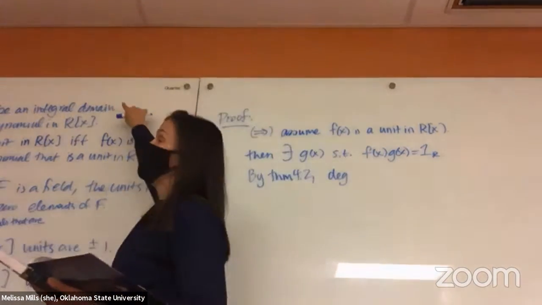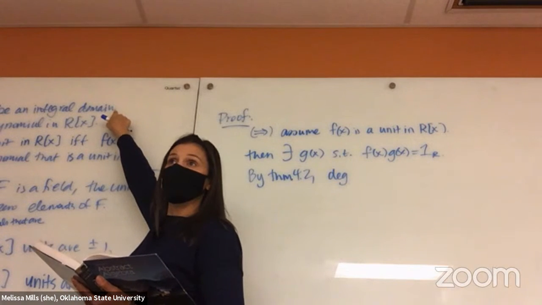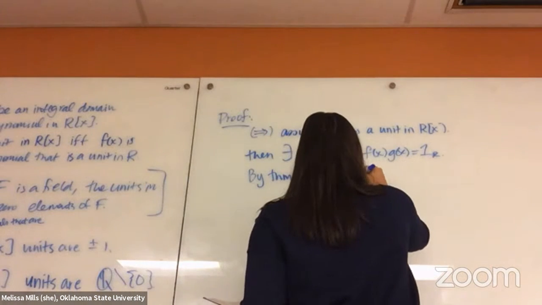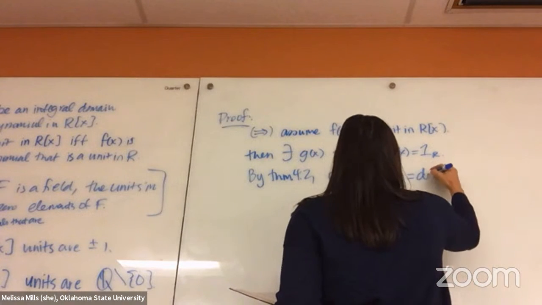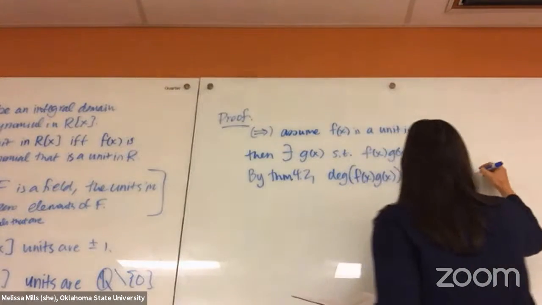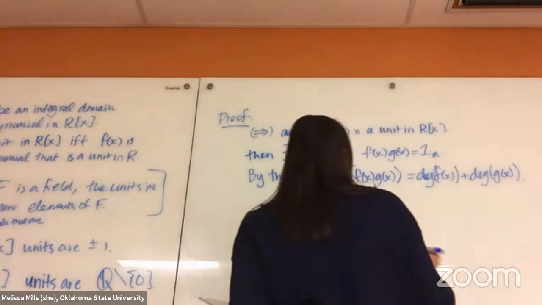Oh, I know it's an integral domain, so I can use theorem 4.2 directly. And so the degree of f of x g of x is equal to the degree of f of x plus the degree of g of x. Well, what does that tell me?